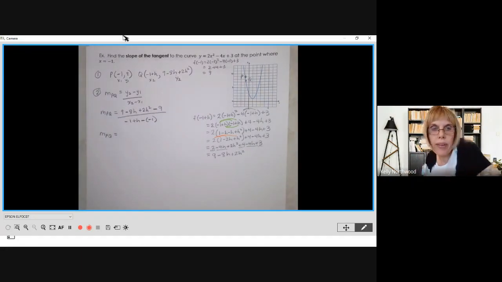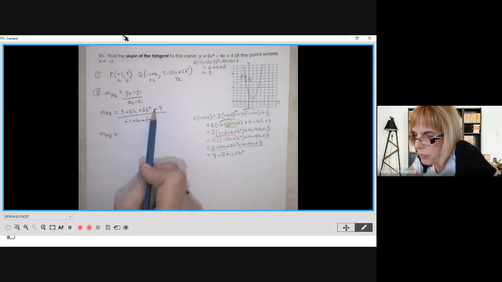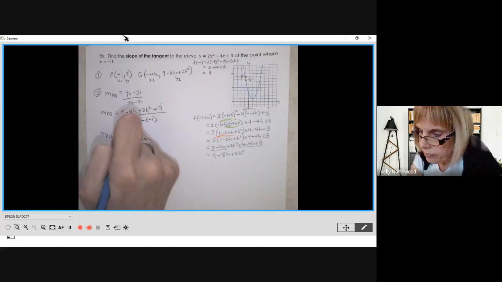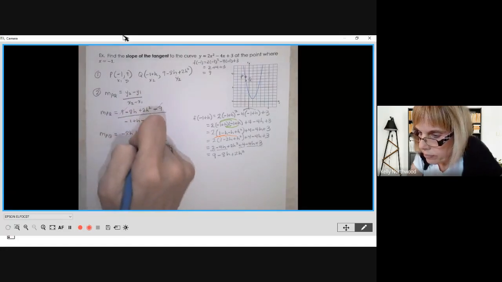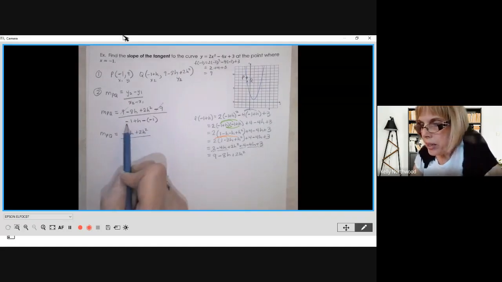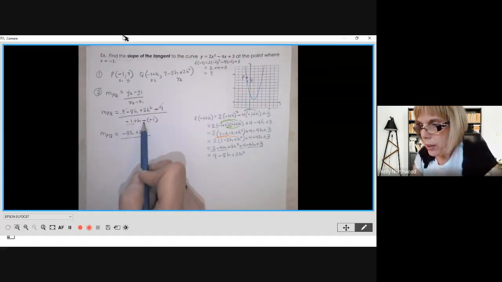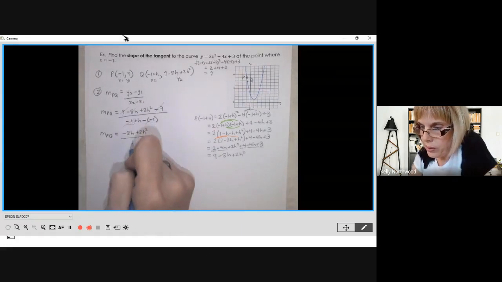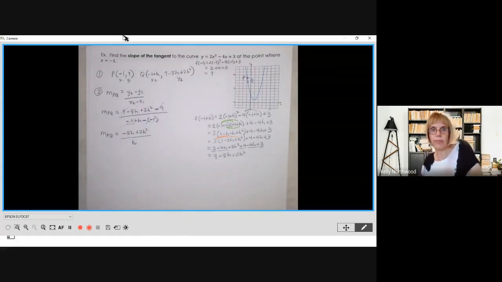Then you see if you can simplify in the numerator. So I've got the 9 minus 9 adds up to 0. And then in the denominator, I've got -1 minus -1, which is really +1. So that also adds up to 0. And we're left with h.